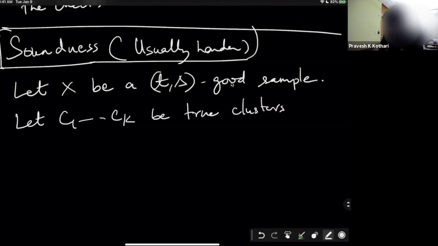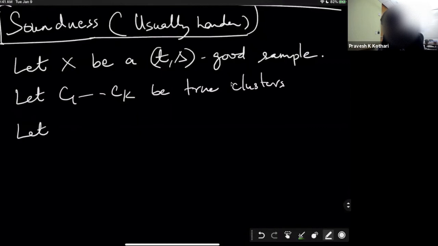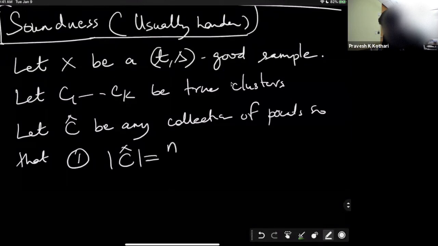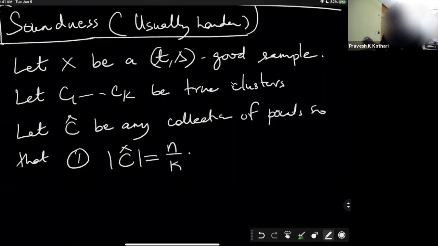So let C hat be any collection of points so that, one, they are the right size. So I'm basically writing the condition that says C hat passes the tests I just designed.